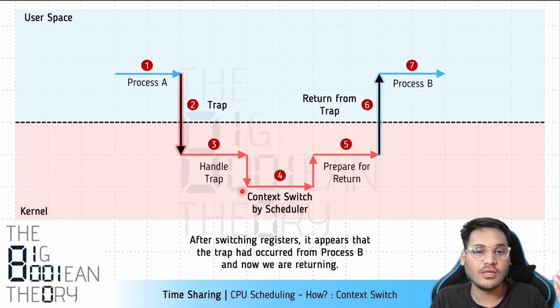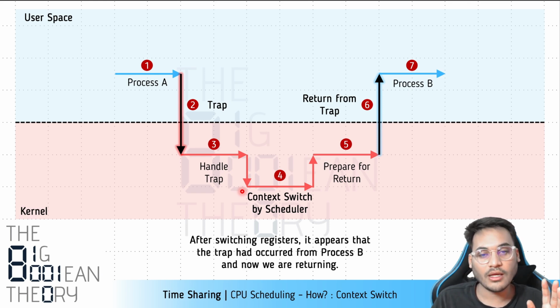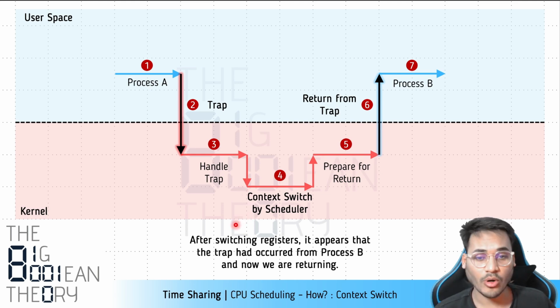We save the registers of one process in its context, which resides in the PCB, and then we load the registers which are in the context of another PCB into the CPU, and that is how the actual switching between processes happens, right?